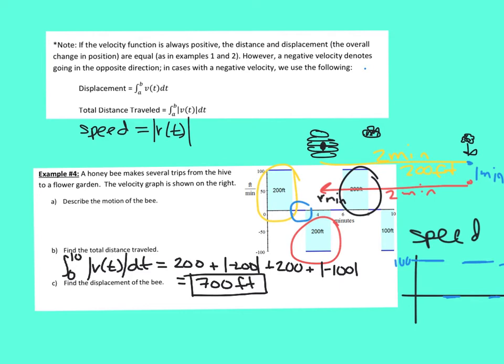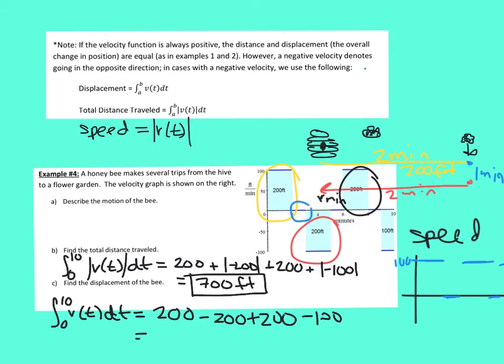The displacement of the bee, this time you are only going to be looking at the velocity without the absolute value sign. So what that's going to mean is you are going to include the negative, the ones below the x-axis are negative, so I get 200 minus 200 plus 200 minus 100.